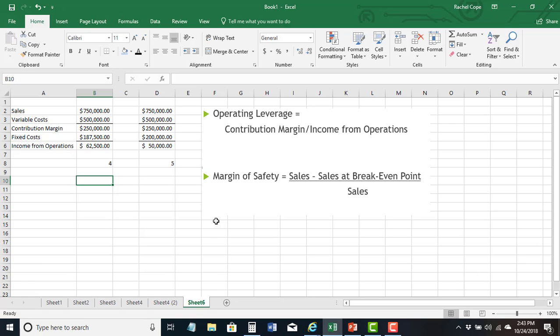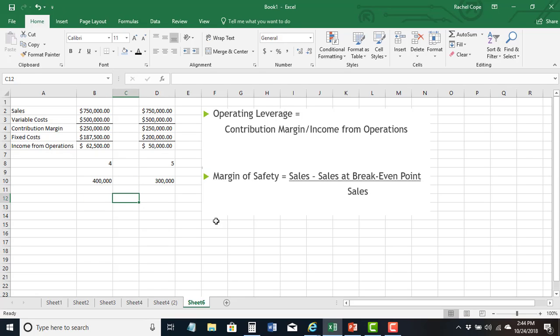So for this example, we're going to say sales are at 400,000 and the break-even point is 300,000. And then we divide it by sales, which we already said was 400,000.